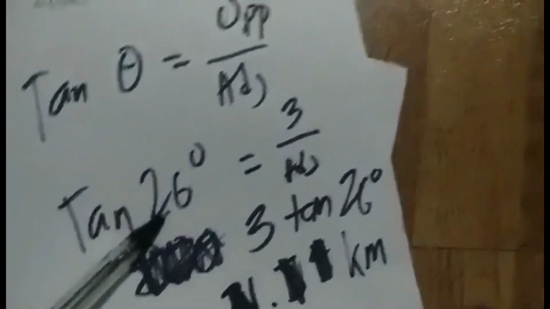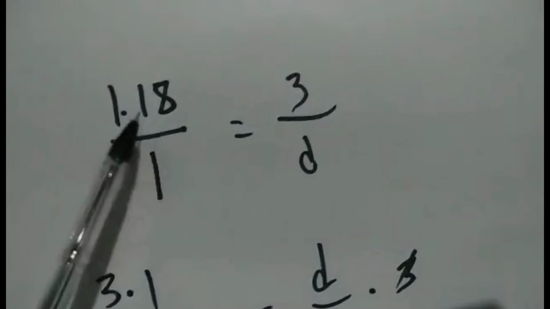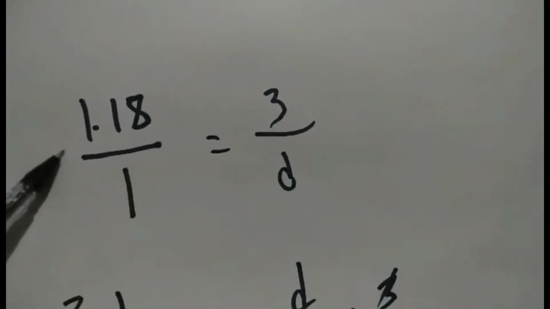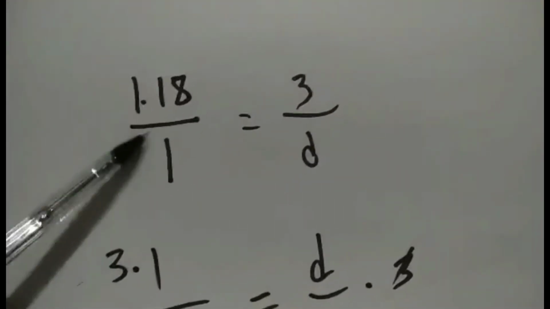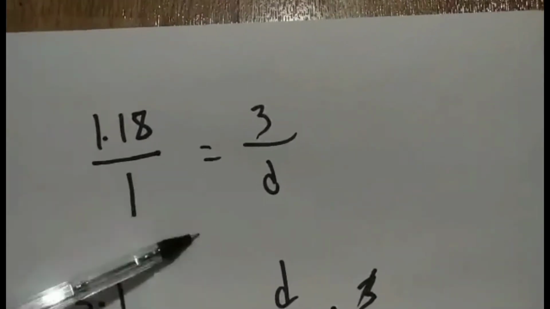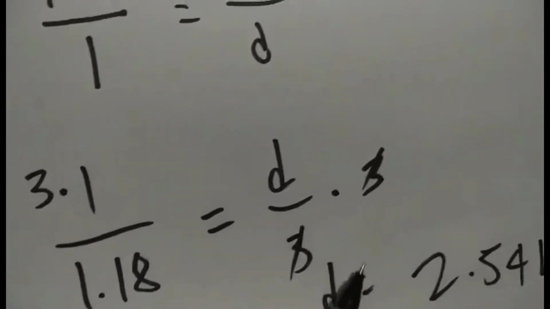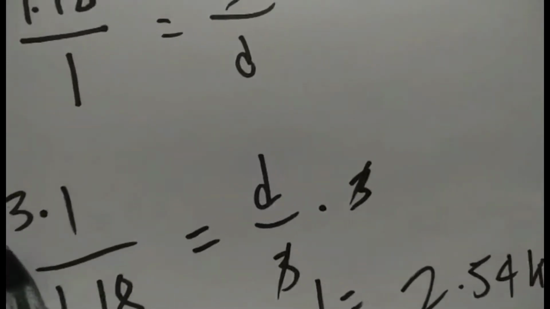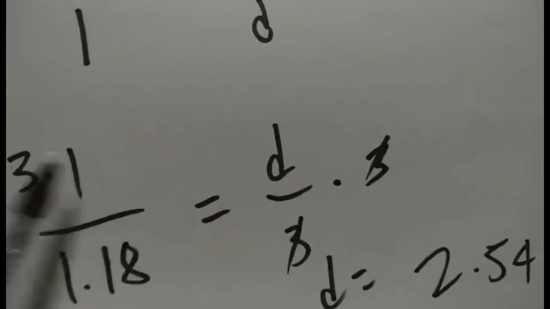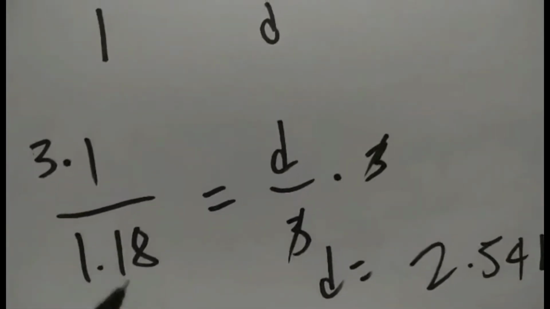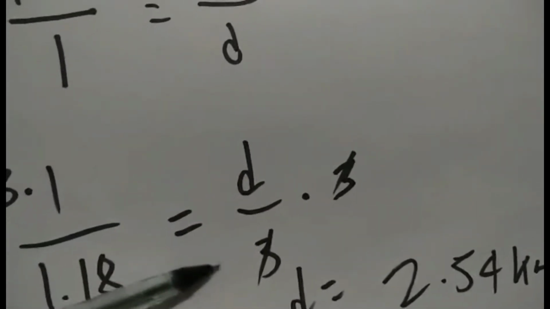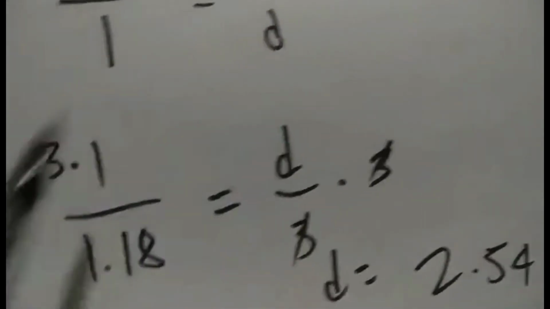So tangent 26 degrees is equal to 1.18, and then we're going to put 1 so that we can cross multiply this, and then after that we're going to put 3 between the sides, so that the equation is 3 times 1 divided by 1.18 is equal to distance over 3 times 3.